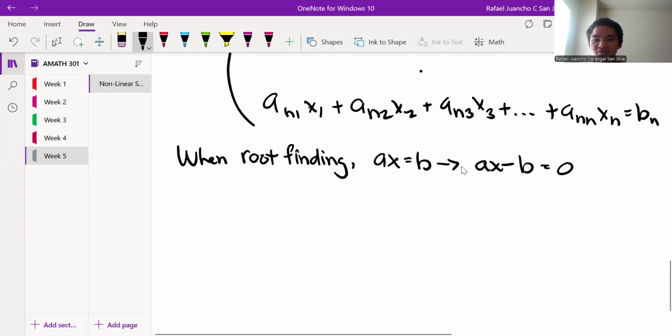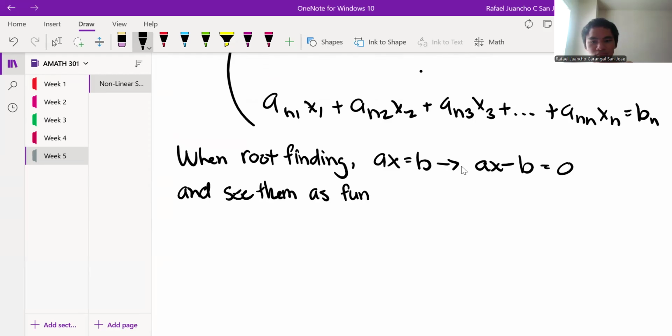And then that's how we find our roots. So we basically just have to set that whole system equal to 0. And we want to see them as functions, right? So what do I mean by that?